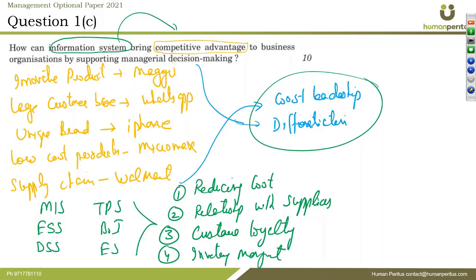Now, how? You can also give an example with each, such as: you will use electronic data interchange for managing the relationship with suppliers. You will use JIT for reducing the cost.